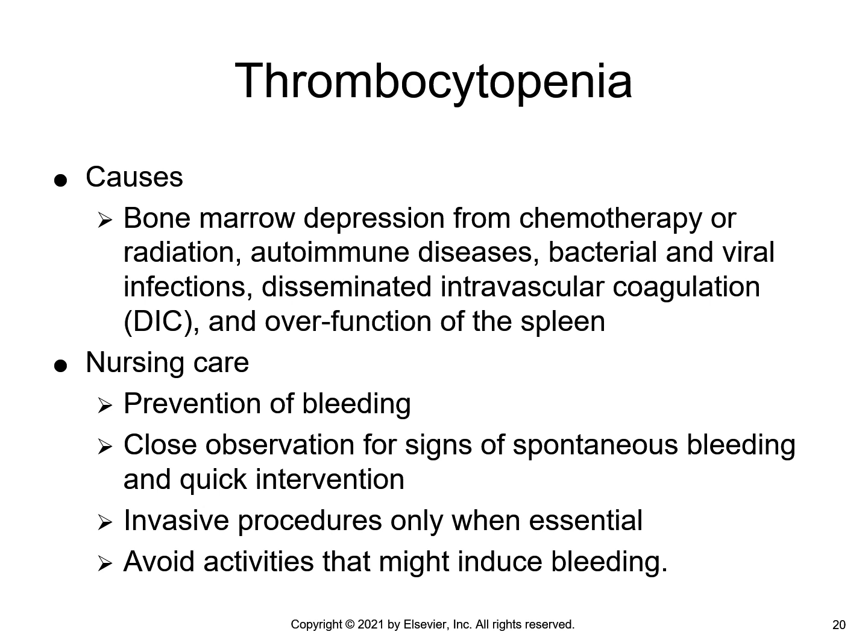In the spleen, these platelets are now recognized as foreign and they're destroyed by macrophages. The disorder commonly occurs in women between 20 to 40 years old, and the chronic form has a gradual onset with transient remissions.